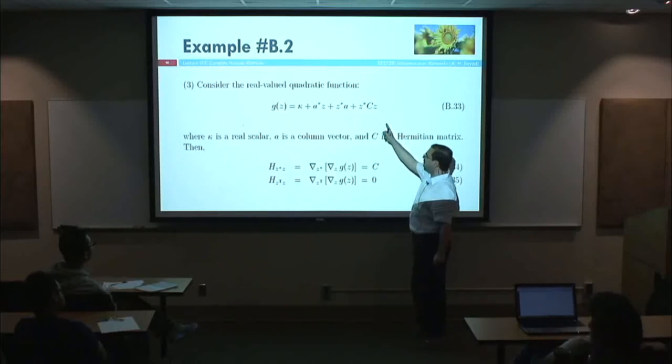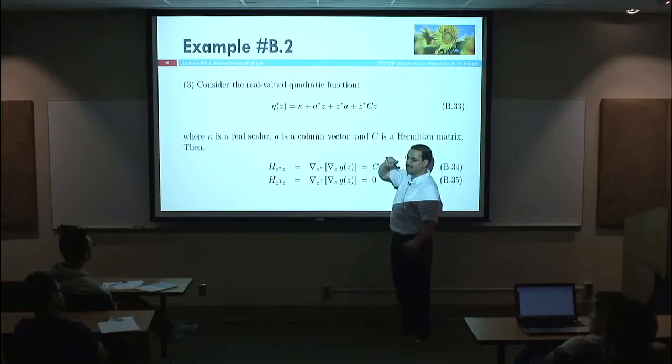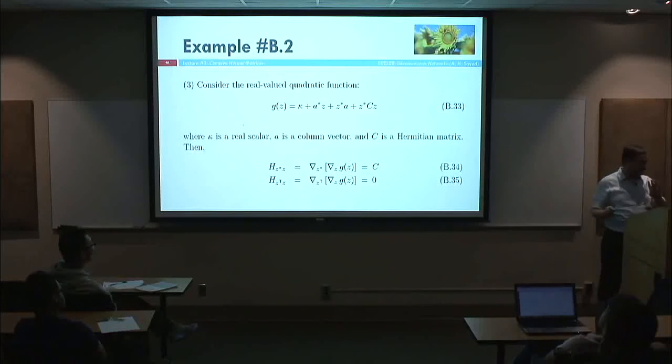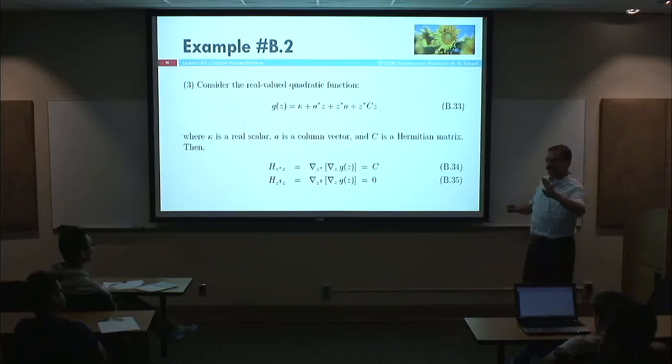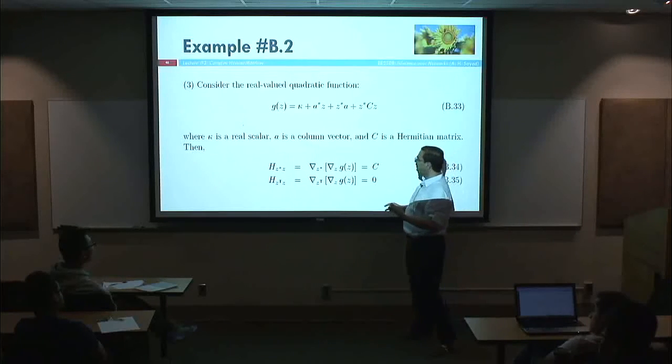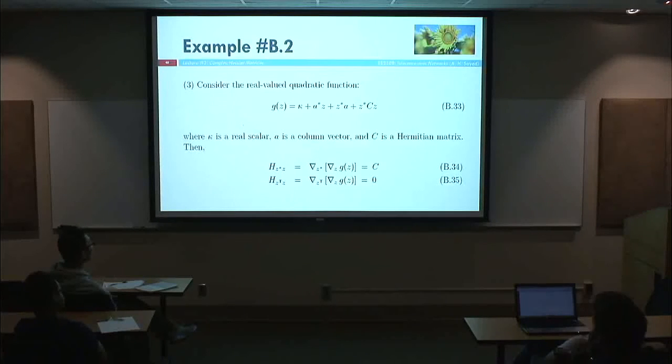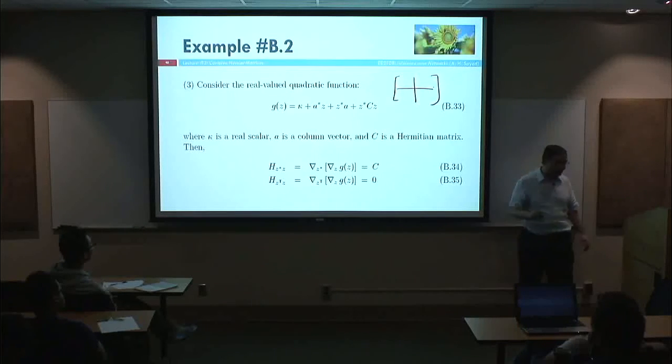What is the gradient relative to z? Let's first decide which Hessian we are computing, okay? The complex Hessian, right? So the complex Hessian has 2 by 2 blocks, right? So here you compute the Hessian relative to z, then relative to z star.